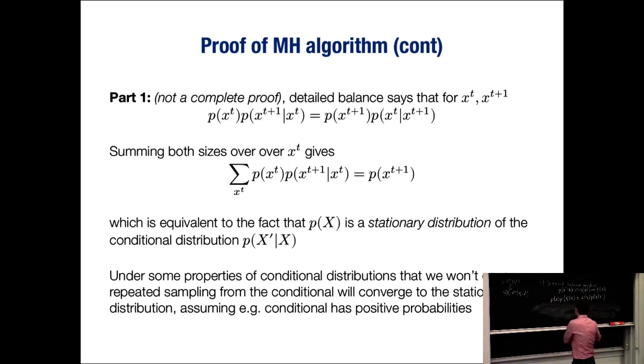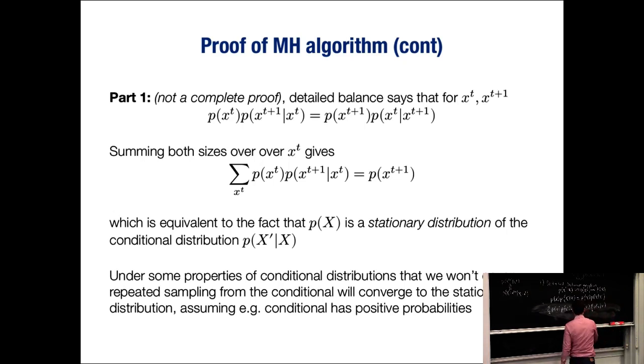Yeah, so if I sum both sides over x, take the sum over x of both sides, p of x, p of x prime given x. This is equal to the sum over x of this thing too, but it doesn't depend on x prime, so we can sum over that one, plus the sum over x of p of x given x prime.